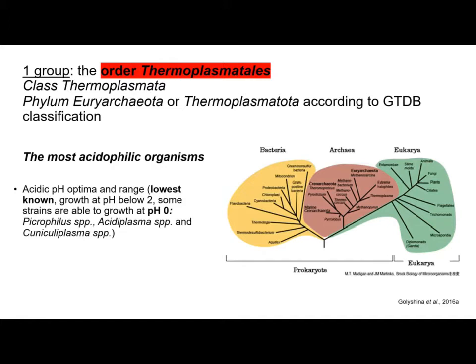But please be aware that nowadays a lot of changes are happening with classification and new taxonomy, and according to the new GTDB classification, this phylum, where the order Thermoplasmatales and class Thermoplasmata belong, now belongs to the new phylum Thermoplasmatota. It still sounds quite unusual for us, but we all need to get used to this.